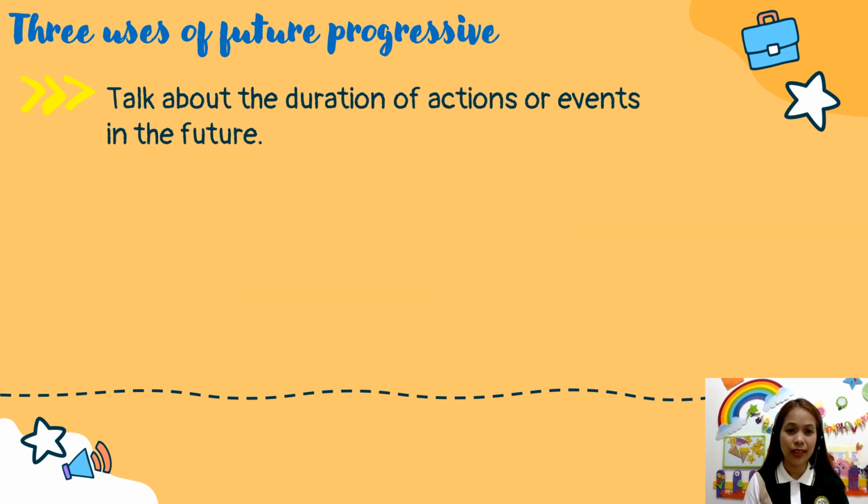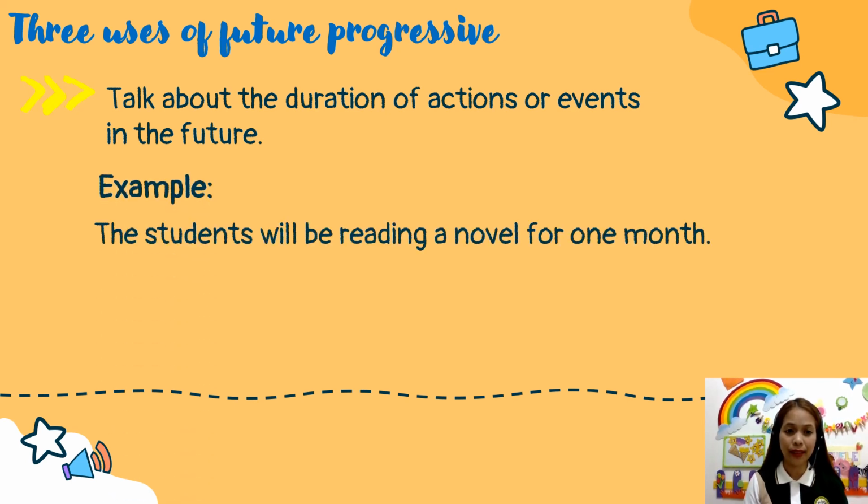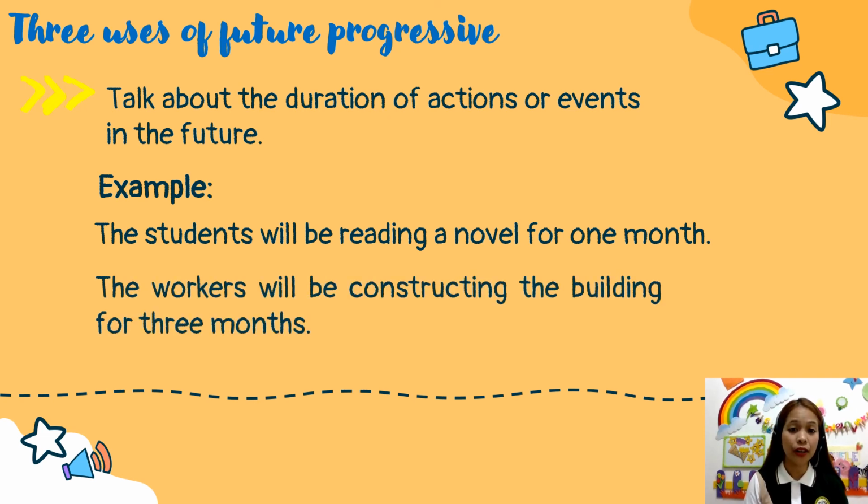Next one, to talk about the duration of actions or events in the future. Example, the students will be reading a novel for 1 month. The workers will be constructing the building for 3 months. If you see in the example, will be reading and will be constructing are both in future progressive.